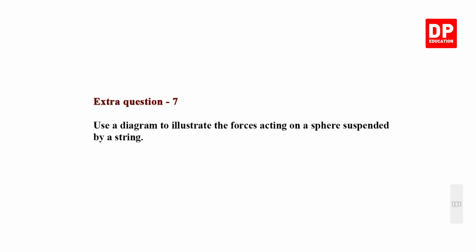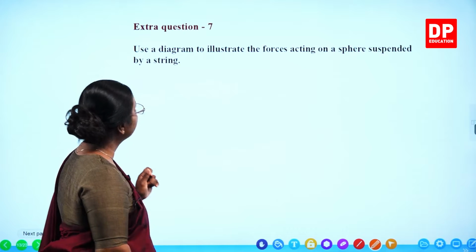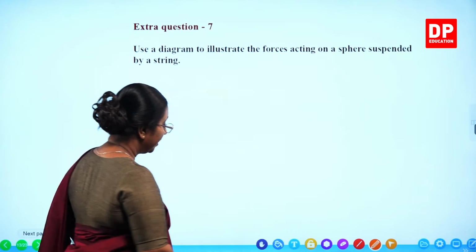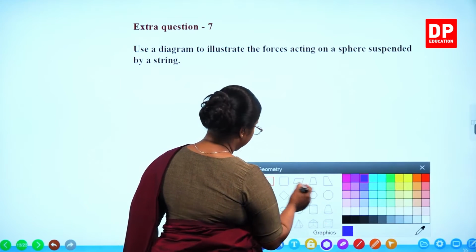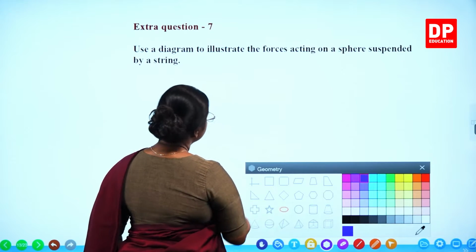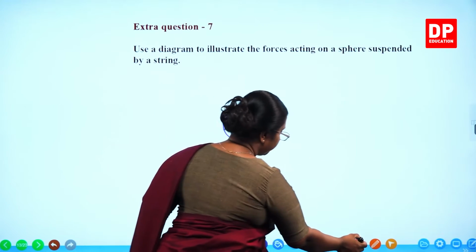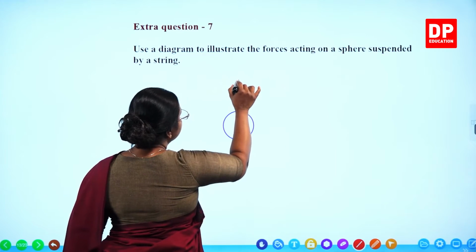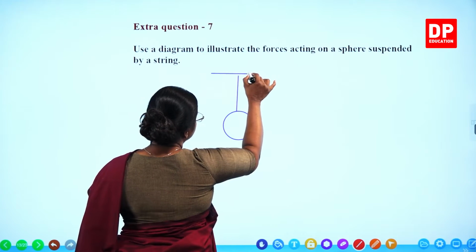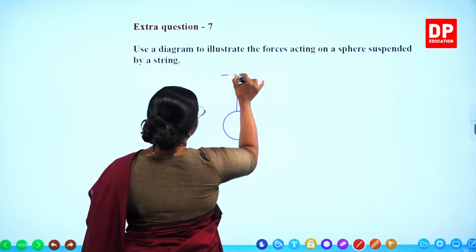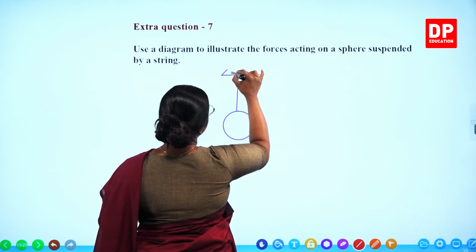Extra question 7. Use a diagram to illustrate the forces acting on a sphere suspended by a string. So we need to show the forces acting on a sphere suspended by a string. So if we take this as the sphere, it is suspended by a string like that.